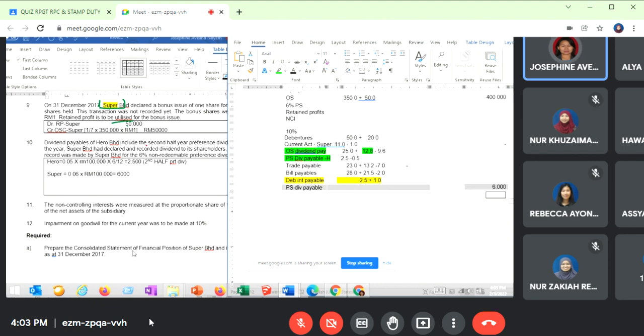So you'll see there is a preference dividend payable by the parent company, P. And then the preference dividend by the holding companies, by the subsidiary company, Hero.